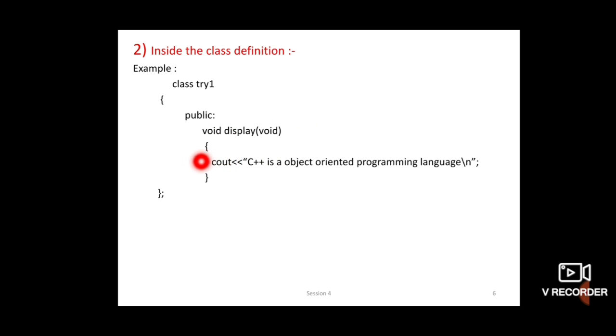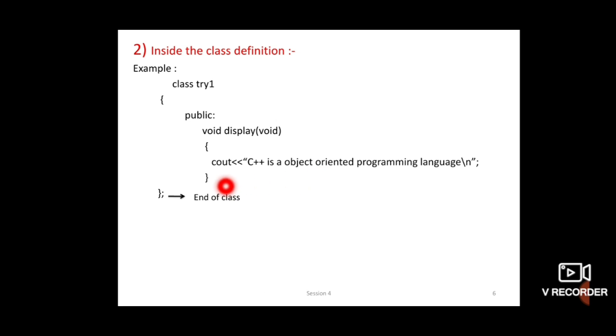Then cout C++ is object oriented language, semicolon, end of this function, and end of this try1 class. Understood? This is the inside the class definition.